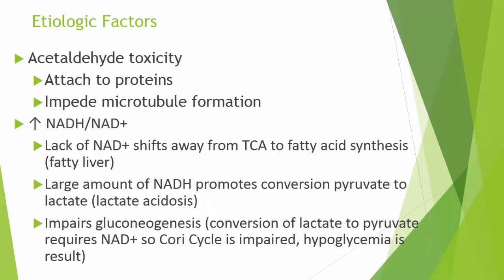Another aspect of this is large amounts of NADH promote the conversion of pyruvate to lactate. If you'll remember, lactate dehydrogenase requires NADH in order to convert pyruvate to lactate. With the large quantities of NADH around, that promotes lactate dehydrogenase, converting more pyruvate to lactate throughout the body.